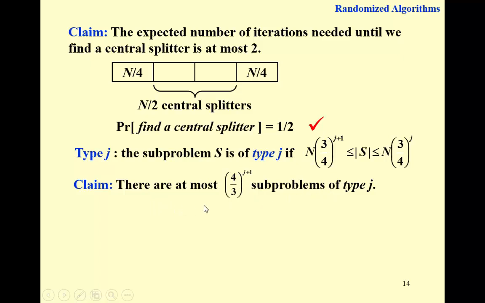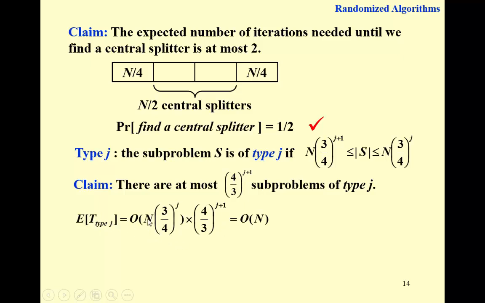So the expected time taken to solve all the type J problems is what? For each subproblem, it takes 2 steps to find a pivot, right? And it takes a linear scan to rearrange the elements around the pivot, right? So it takes linear time for each subproblem to rearrange the elements. So the expected time to solve all the type J problems is given by this.